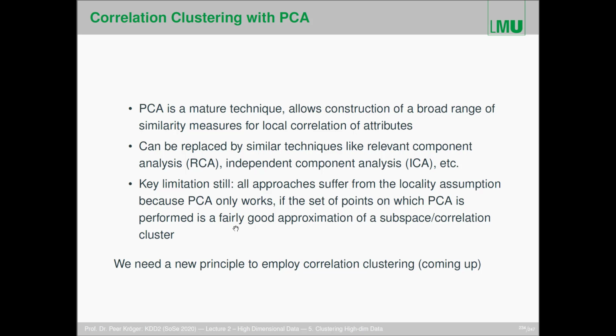So PCA has no chance to find the correct subspaces. And that is the key limitation of this locality assumption, that typically in the local neighborhood of points or cluster representatives, there are a lot of noise points in the full dimensional space, and so PCA will rather fail to detect the right subspaces. Not because PCA is bad, but just because PCA is applied to the wrong set of points.